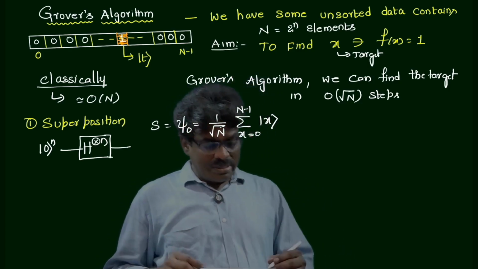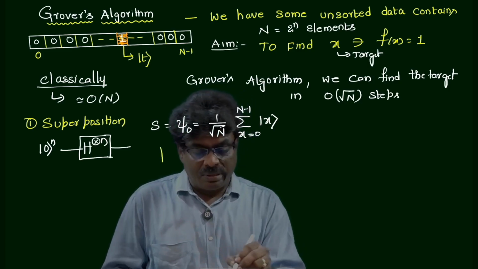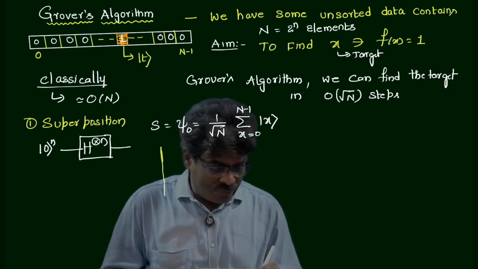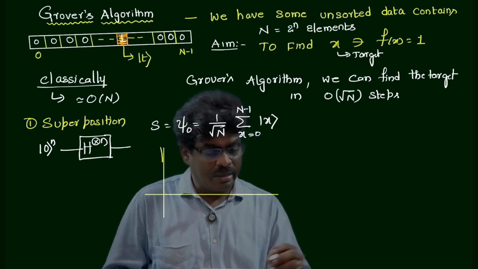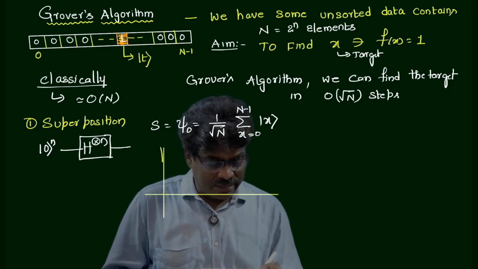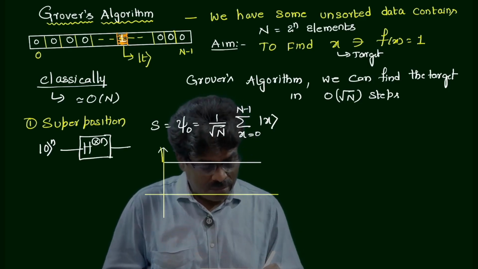So what does it mean? That means here we have the superposition. I'm taking the superposition of all these states. We can represent it like this. Here we have all the states.